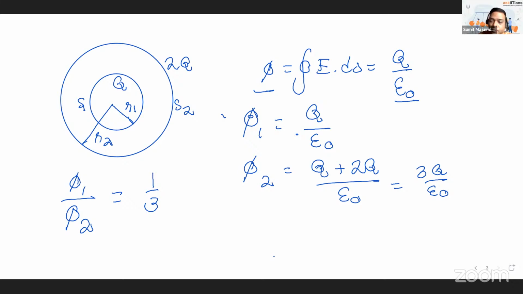We know that the flux is equal to Q by epsilon naught. Now, because of the presence of a dielectric, which is a medium that is not free, there are charges in it. Because it is not free, epsilon naught will no more be there. The permittivity will now be multiplied with the relative permittivity, that is the dielectric constant. So the net flux will be Q by epsilon naught K, where K represents the dielectric constant.